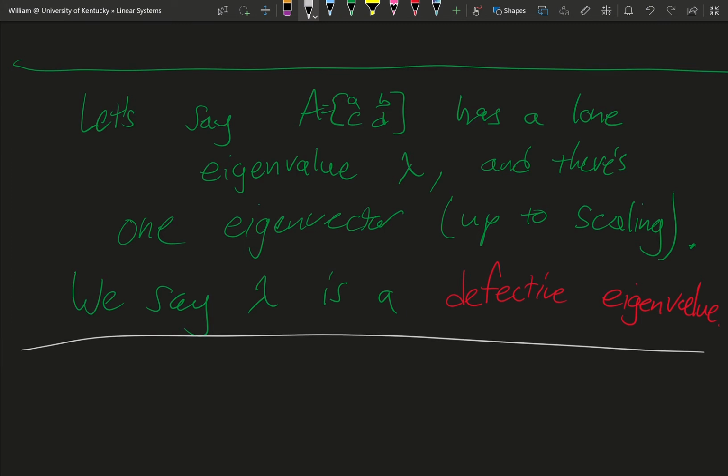All right, and now let's say we're studying this equation.